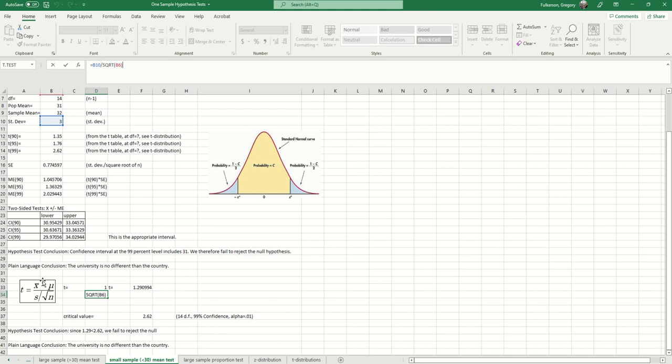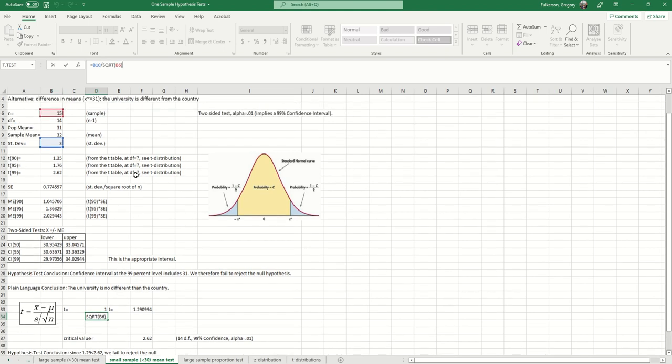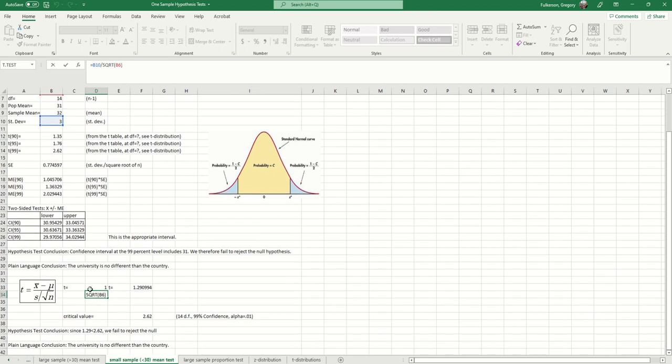You can see standard deviation divided by the square root of n. So the standard deviation is 3 divided by the square root of 15. So that's what we've got in the denominator. And when we complete the calculation of t, we get 1.29.